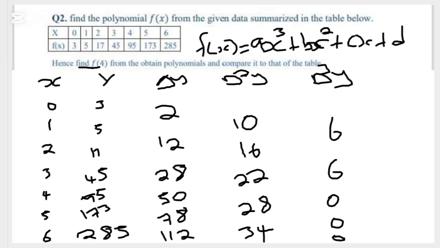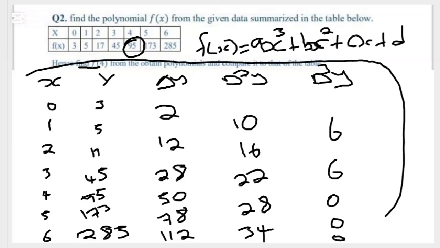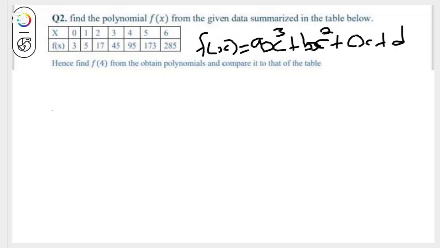As you all know, the fourth value is 95. So take note of this, and don't forget to write all these differences that I already wrote here, because I'm going to delete them and we are going to continue with our solving. So the forward difference formula for the polynomial is what? F of x is the same thing as what?